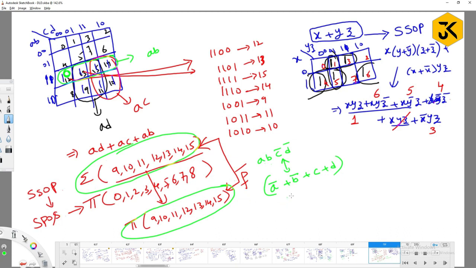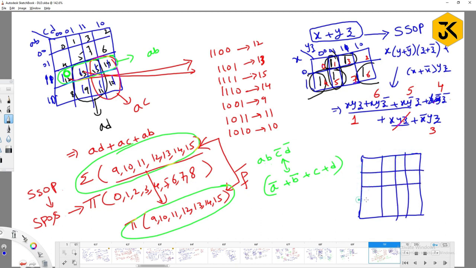Okay, fine. Try to take out this one. I would like to take ABCD. What is the value of this one?